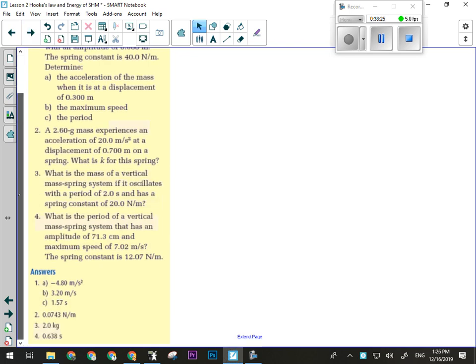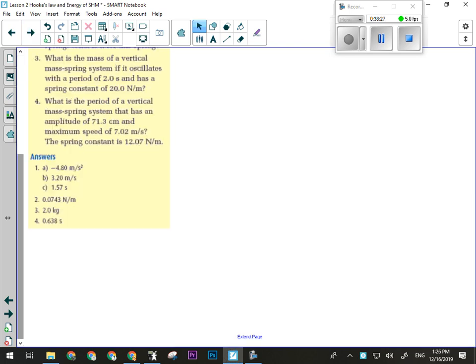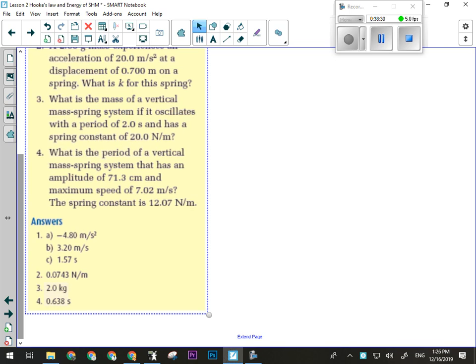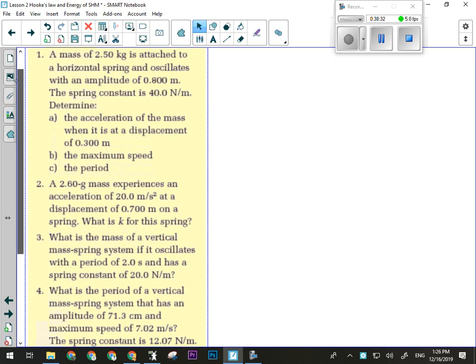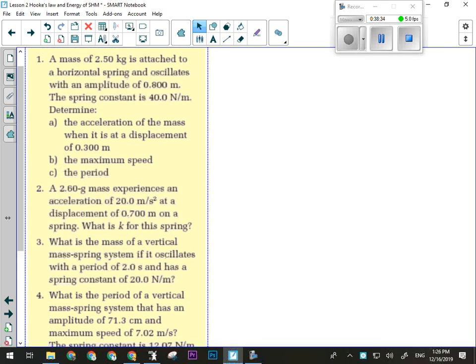Okay, I want you guys to try for right now just question numbers 1 and 2. So you're going to have to do a little bit of Hooke's law, a little bit of conservation of energy, and then a period calculation after that for question number 1. So I'll give you a few minutes on that one.